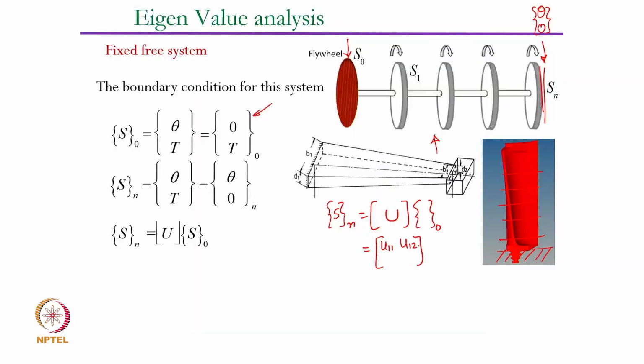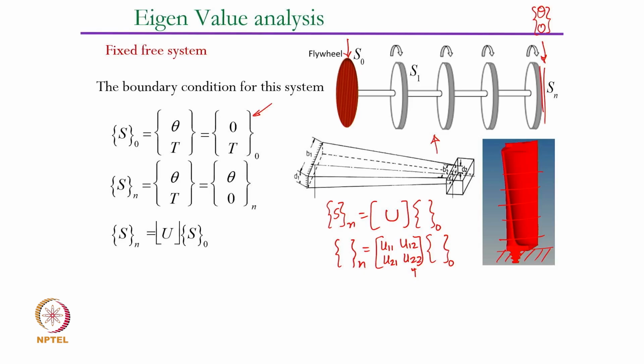U11, U12, U21, U22, right? The state vector at n and 0, this is how they get related, right? How you get these is something which we see later. But supposing that all of them are known, you multiply and you will get these 4 elements of the overall transfer matrix.